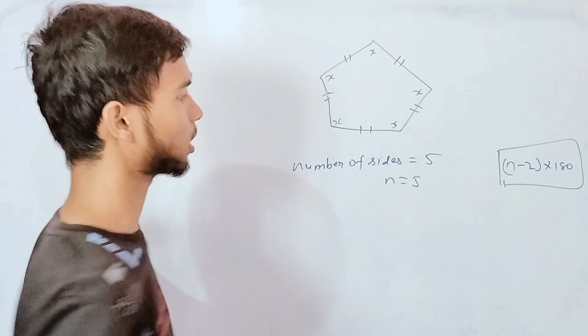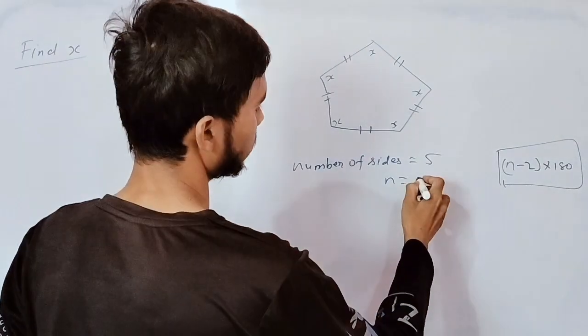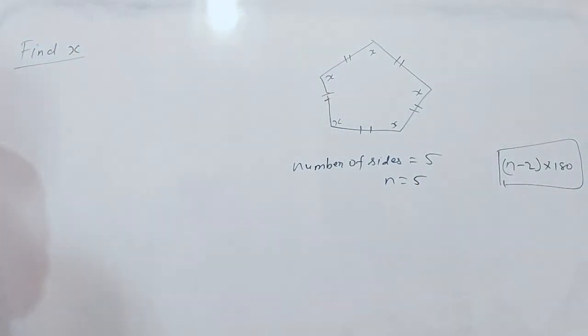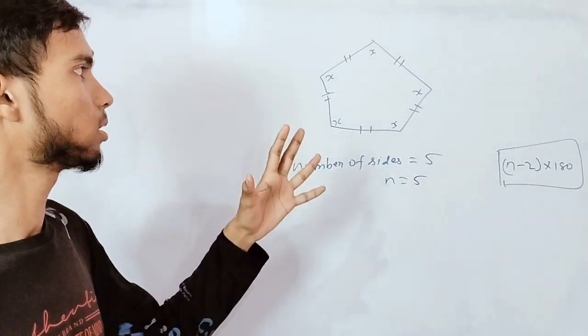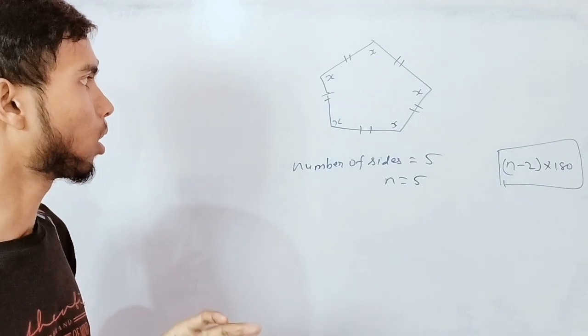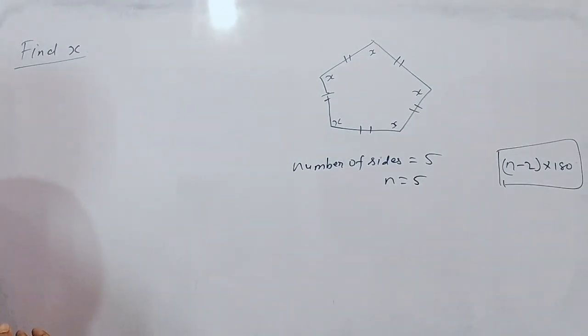We can denote it by n is equal to 5. Now our question is to find x. Here x is nothing but a degree.